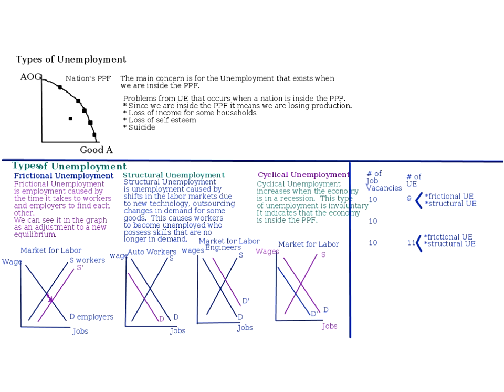But this time, because there's more people unemployed than there are job vacancies, that means we're inside our PPF. We have cyclical unemployment. The economy is not producing enough jobs to employ everybody that wants one. And so this is the problem situation. This is the one that we don't want to have happen. Okay, so we'll have cyclical.